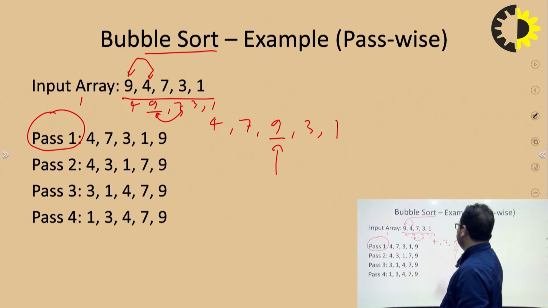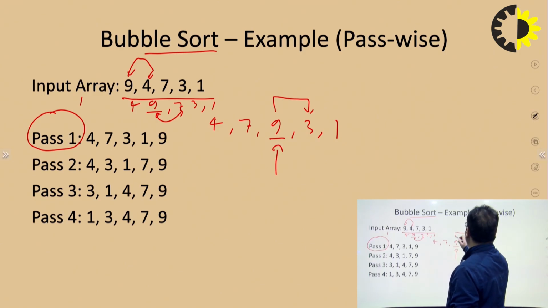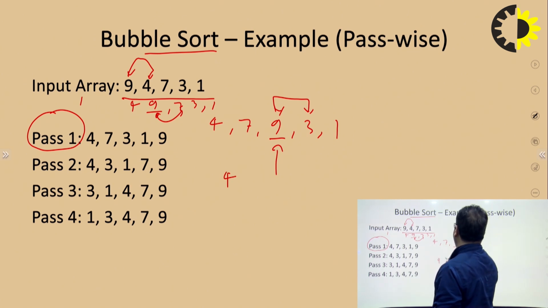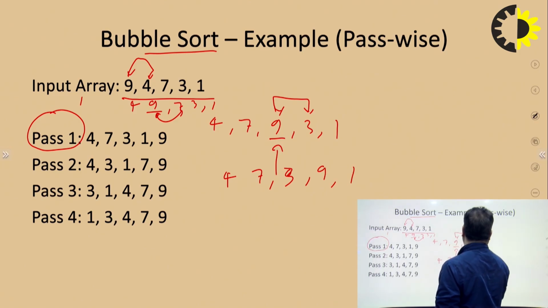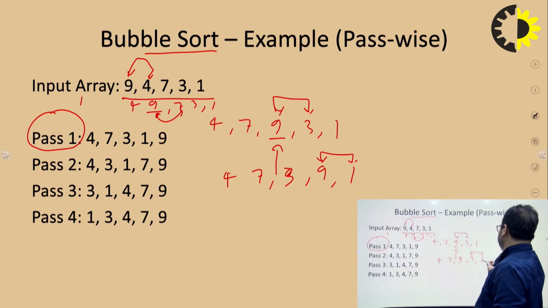Similarly, we compare the next two elements. Again we find that 3 is smaller, so there is another swap. So this becomes 4, 7, 3, 9 and 1. In the next comparison we compare these two elements.